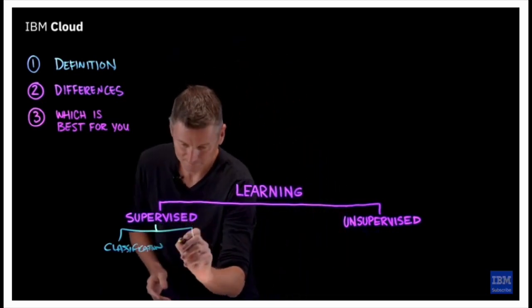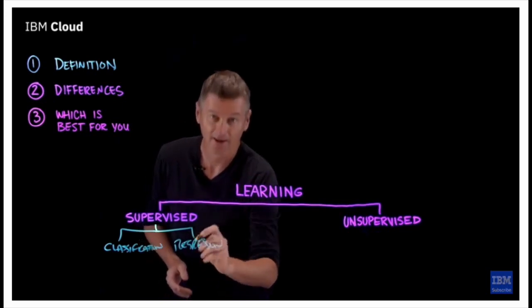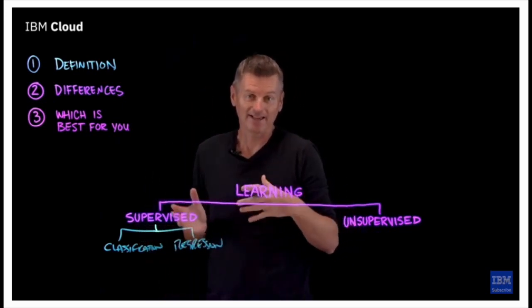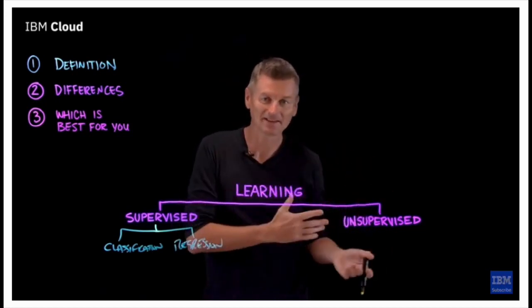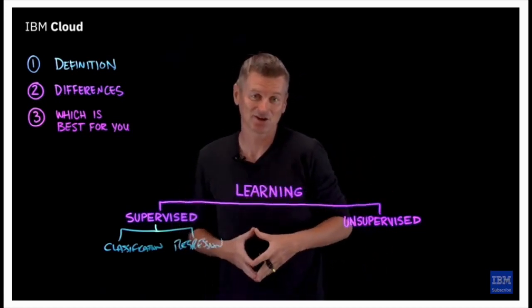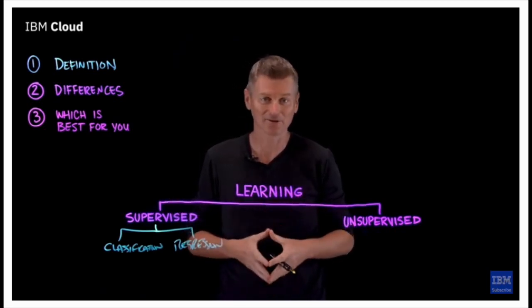The other category is regression. The output here is a continuous value, such as price or probability. Linear regression and logistic regression are two common types of regression algorithms.